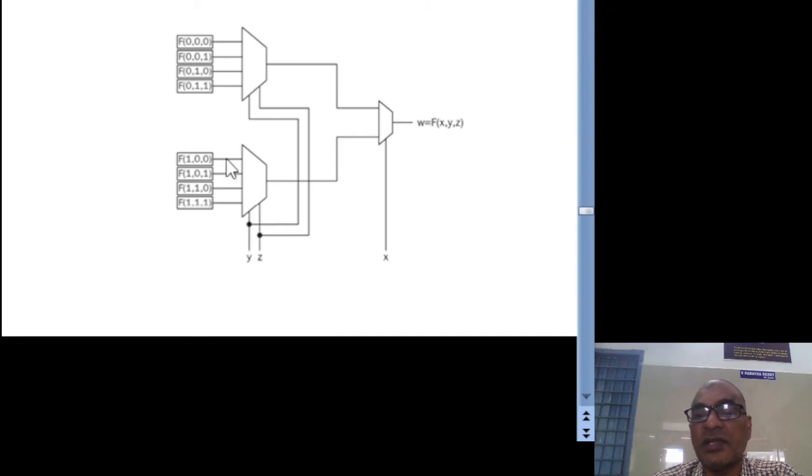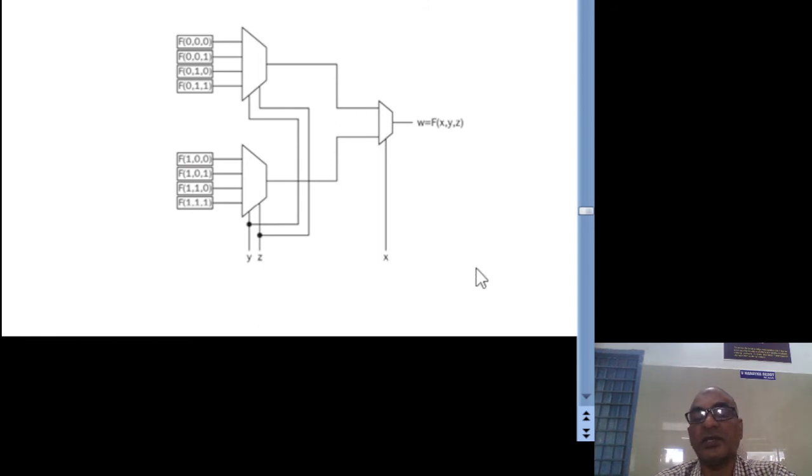In each level, the size of the multiplexer is 2x1 only. Maybe in the first level we have four 2x1 multiplexers, in the second level two 2x1 multiplexers, and in the third level one 2x1 multiplexer.